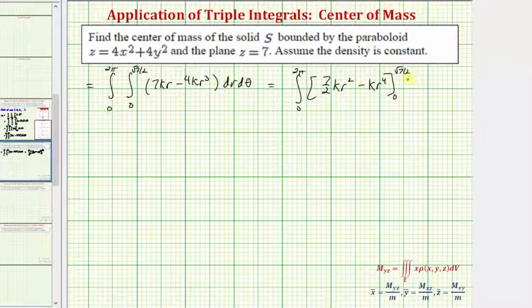We now need to find big F of b minus big F of a, so we're going to have 7/2 k times, well, the square root of 7 divided by 2 squared is going to be 7/4, and then minus k times square root of 7 divided by 2 to the fourth, which would be 49/16.